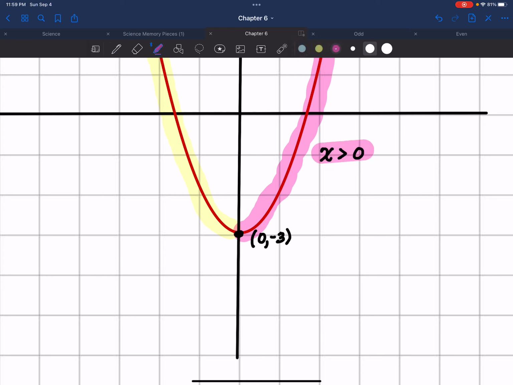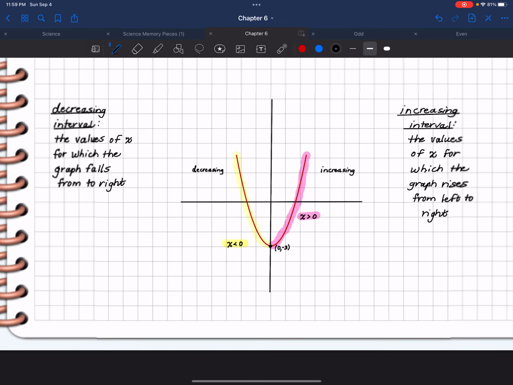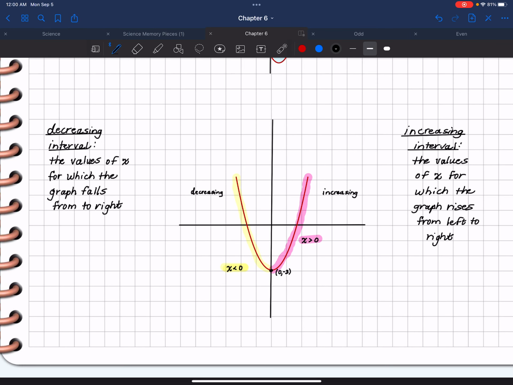The graph is climbing. When x is less than 0, when it's over here, the graph is decreasing. It's falling as I move from left to right. So the yellow right here is the interval that is decreasing.